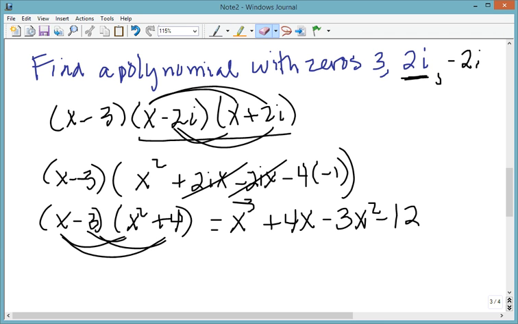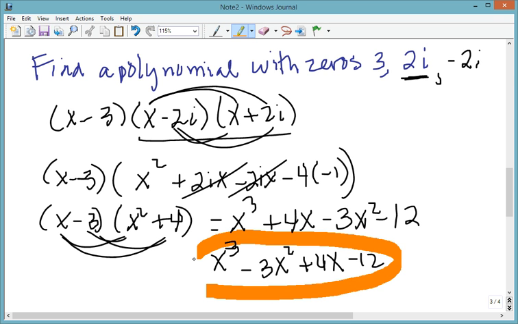Just really annoying. So probably I would write it in order: x cubed minus 3x squared plus 4x minus 12. Okay, so there is my polynomial.